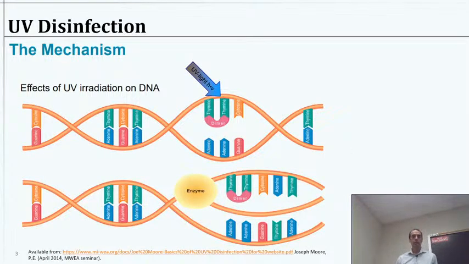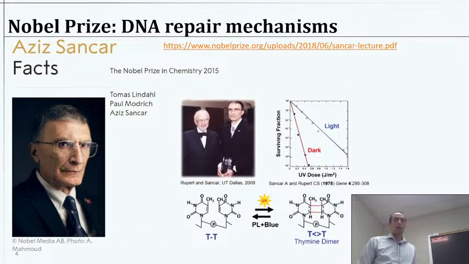I showed you this demonstration of how the dimerizations occur, where they occur, and what that means. There were some researchers in the past 20, 30 years, it probably goes even a little past that, but in 2015 they earned a Nobel Prize.